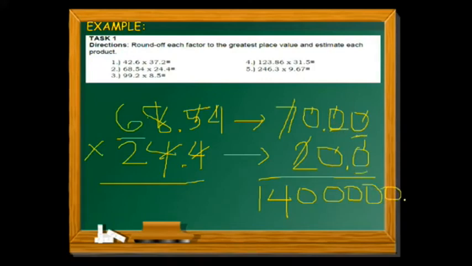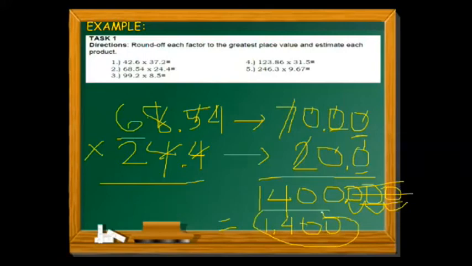So from here, we will count 1, 2, 3. Ayan. So that's the answer. So dahil puro zeros naman siya, pwede na natin siyang alisin. So the answer will only become 1,400. Ayan. Yan na yung pinakasagot niya.